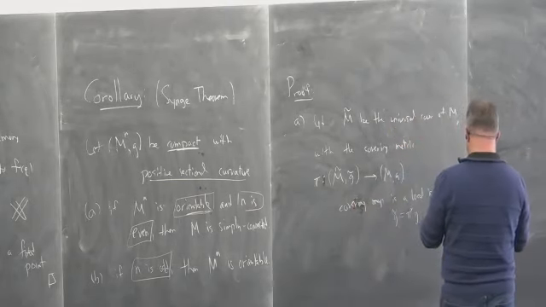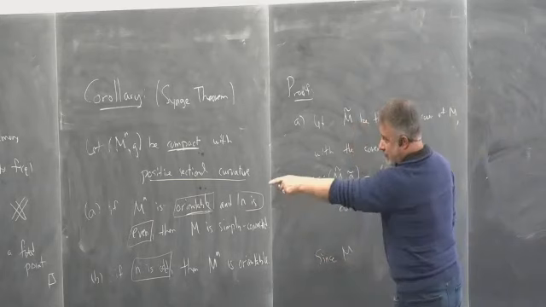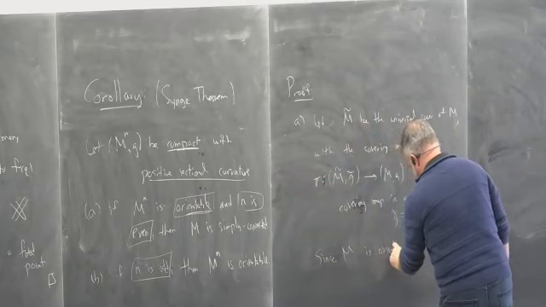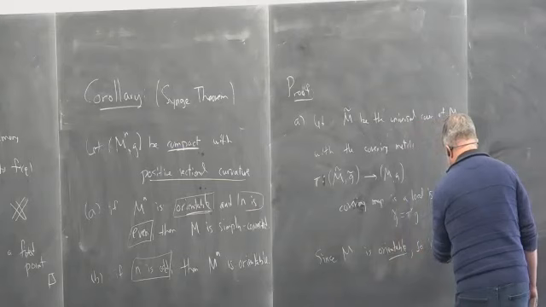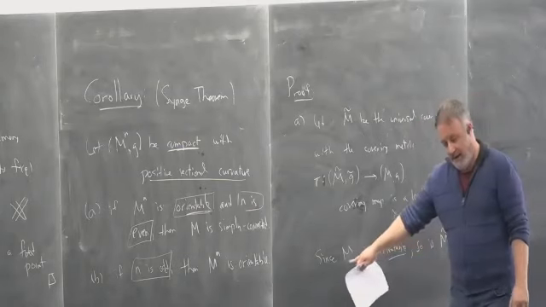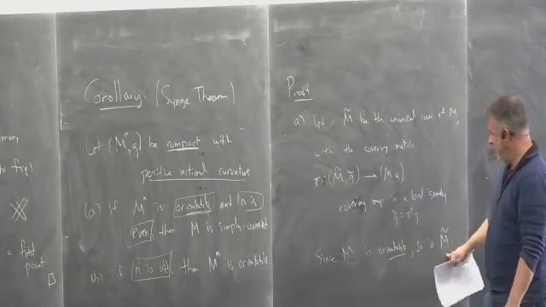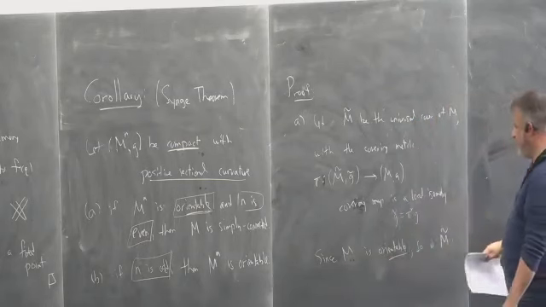Moreover, since M is orientable, in part A we're assuming it's orientable, so is the universal cover. And how can you see that? Well, orientable means there exists a nowhere vanishing top form. And then it's easy to see that the pullback, because pi is a local diffeomorphism, the pullback is a nowhere vanishing top form.